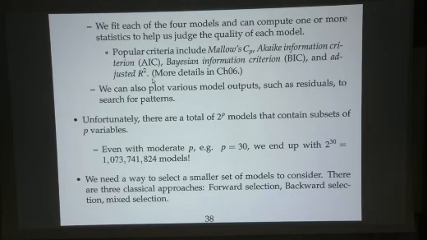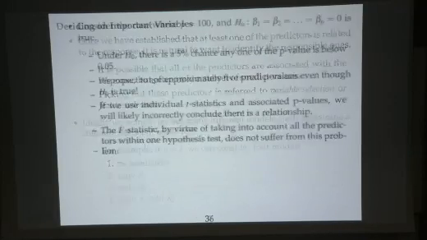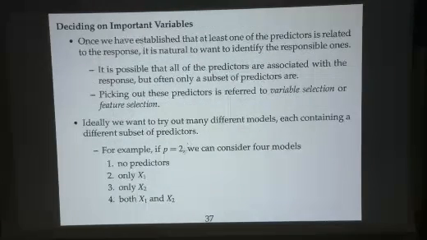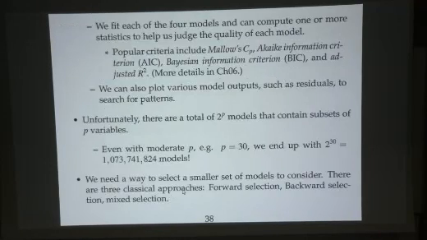But there is a fundamental problem with this approach. For p equal to 2, we consider all the models, 2 power 2, which is 4 models. If there are p coefficients, then you have to fit all possible subsets.